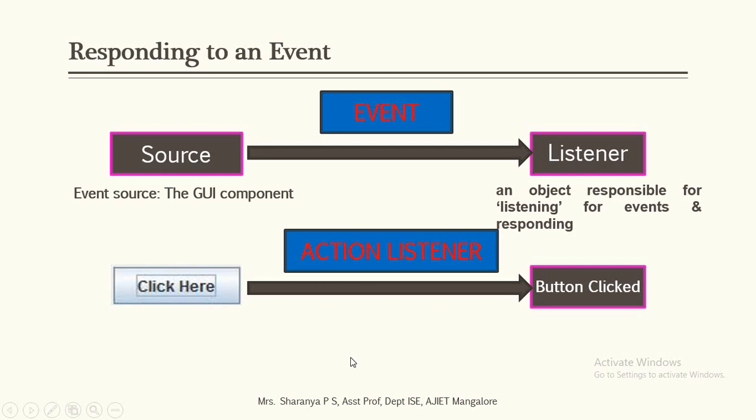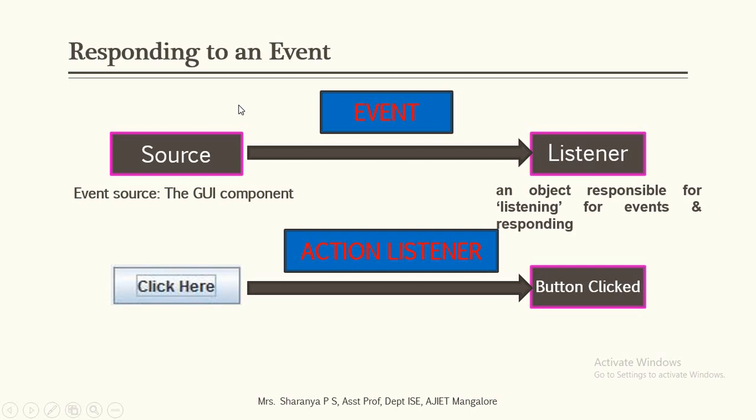This is what we have discussed as how the different components present in the GUIs respond to any event. The source and the listener are the two major objects that we have discussed under the delegation event model.